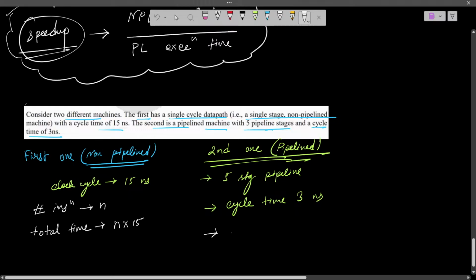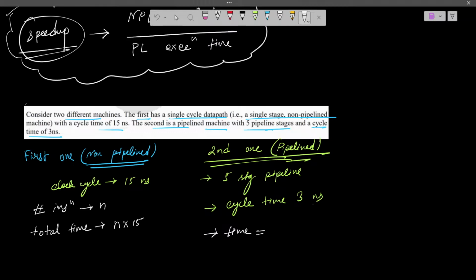For this one, time would be, as we know, the first one will take 1 into 5 plus the others, and here also we are taking n instructions. So n minus 1 into 1, because these are the cycles.